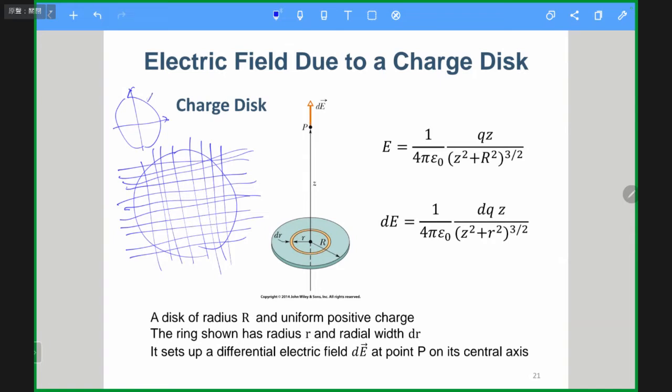You can write y equals square root of r squared minus x squared, and then the area of a circle will be 2 times the integration of square root of r squared minus x squared dx, from negative r to positive r.